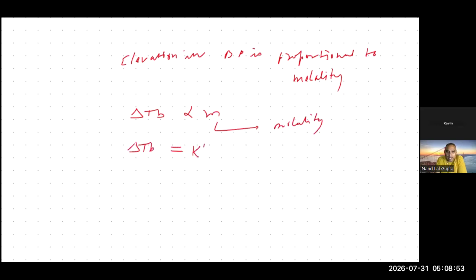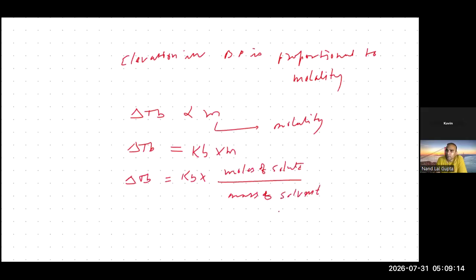I already defined delta TB as TB minus TB naught, equal to KB times molality, which is moles of solute divided by mass of solvent in kg. So small m equals W2 by M2 divided by W1 in kg, that is 1000.